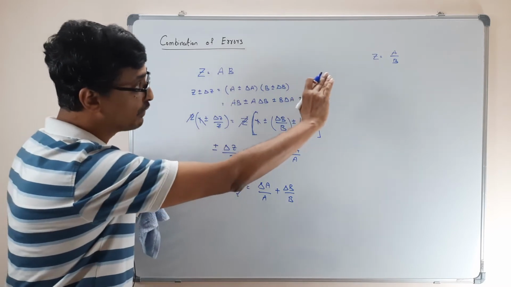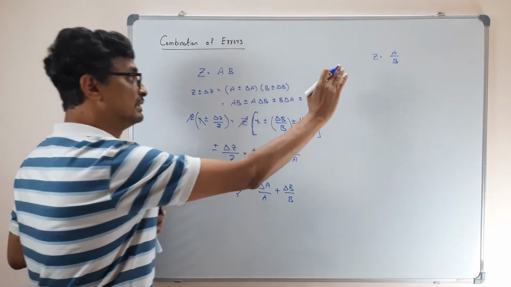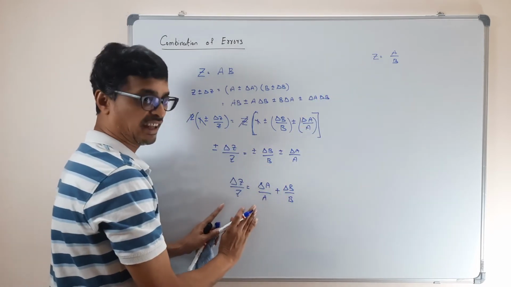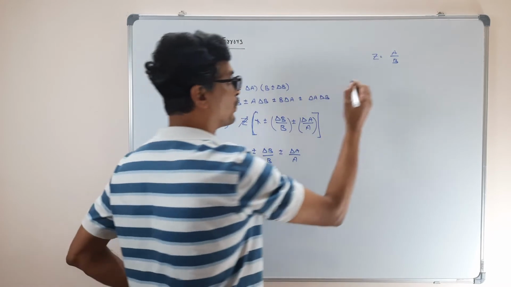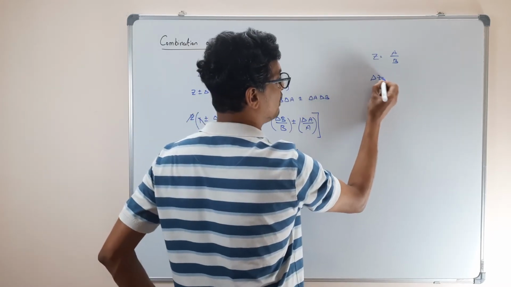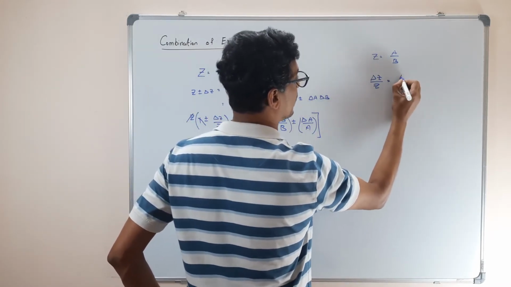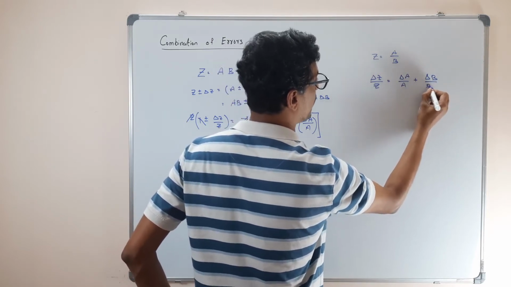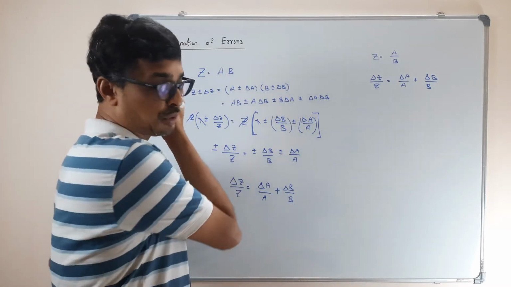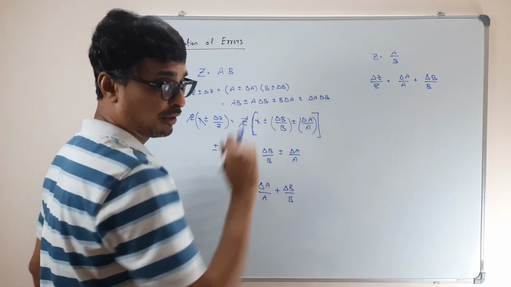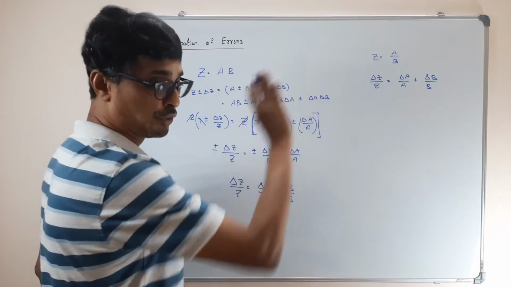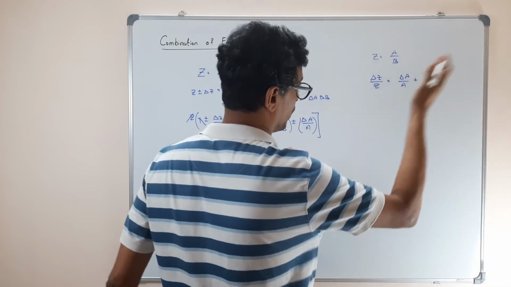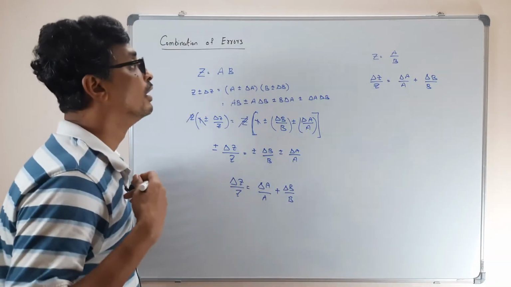So in a simple way, you can show this also will have the same error. So even in the division, delta Z by Z will be delta A by A plus delta B by B. Okay, that comes from something called the binomial theorem, and you have to use it. I am not going to use those theorems. Maybe possibly next year you will learn, or maybe in your BSc you will learn it. Okay.